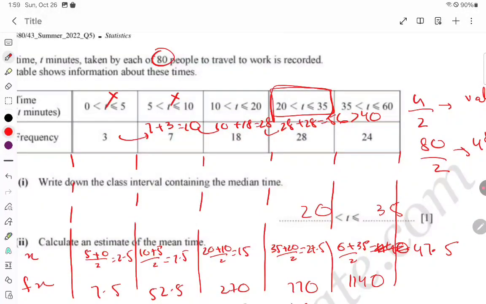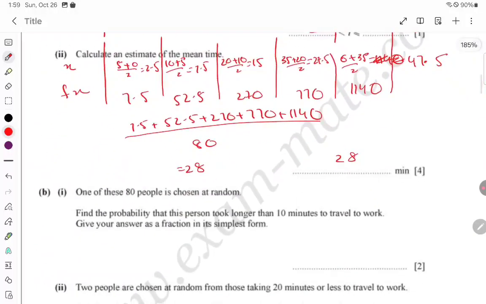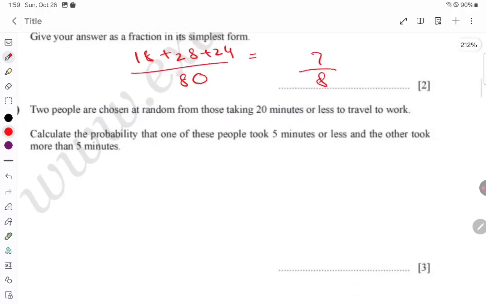We can consider this one, this one, this one. For that, add 18, 28 and 24 frequency divided by the total number. It will give you 7 over 8 in the simplest form.